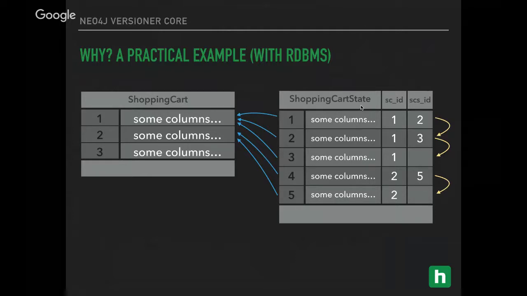And wait a minute, we also have relationships between those rows, because if I want to store a sequential switch between states, this is a bad example of using a relational database. It reminds me of the friend-of-friend example, where you're joining the shopping cart state to itself.